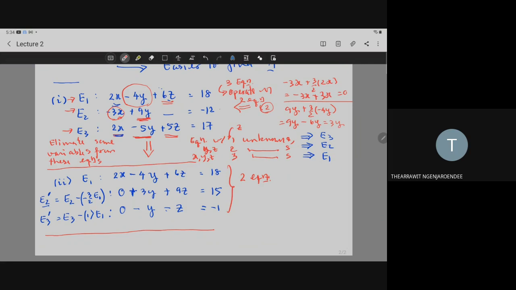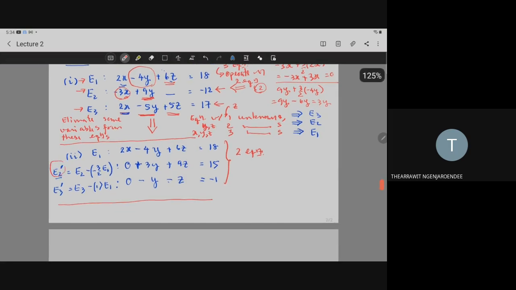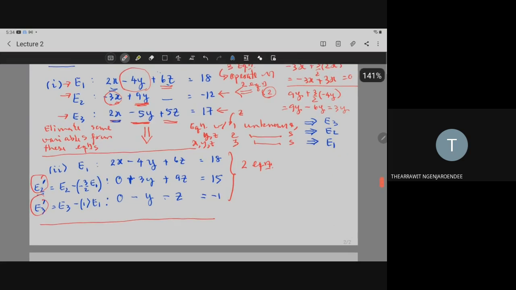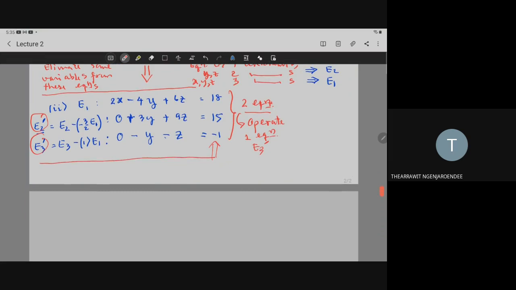So I do operations on these 2 equations. These are the 2 equations that I operate on in order to eliminate the variables. For this step, I have 2 equations. So in the next step, I have to operate on 1 equation, which is equation number 3, E3 prime.